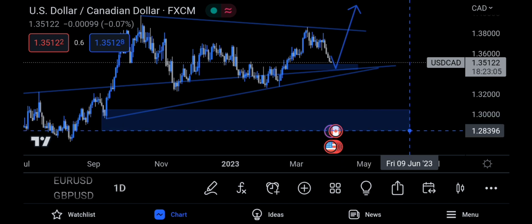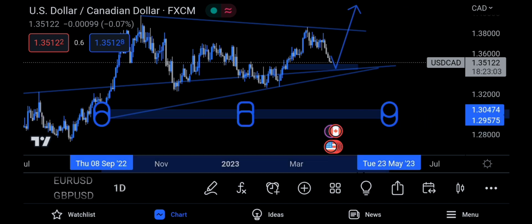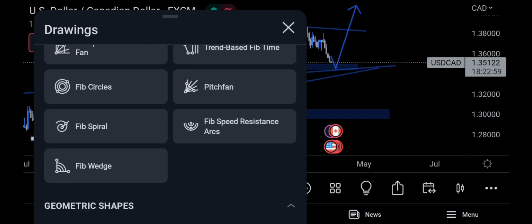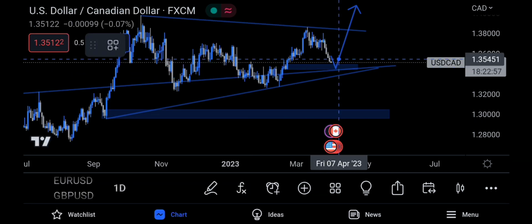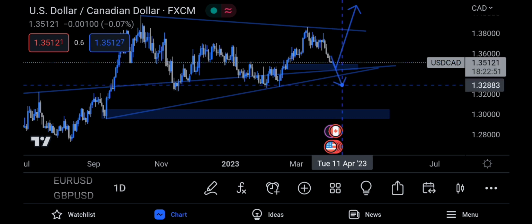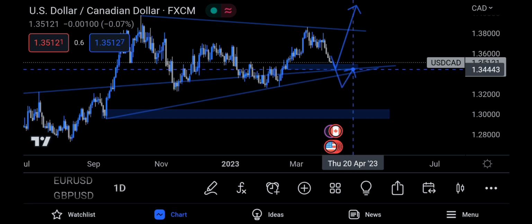This zone here. So if price fails to hold that zone, that means we are heading down.